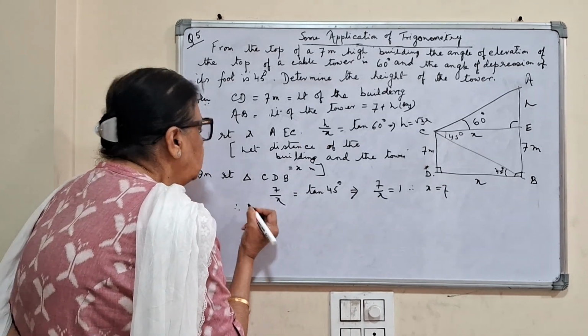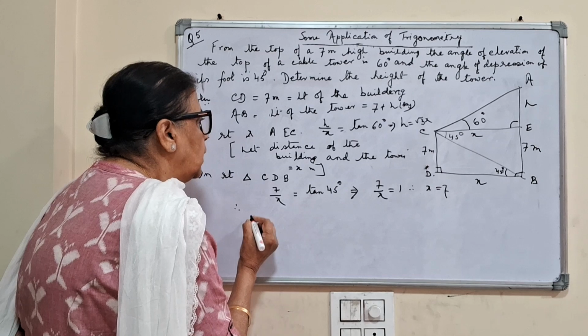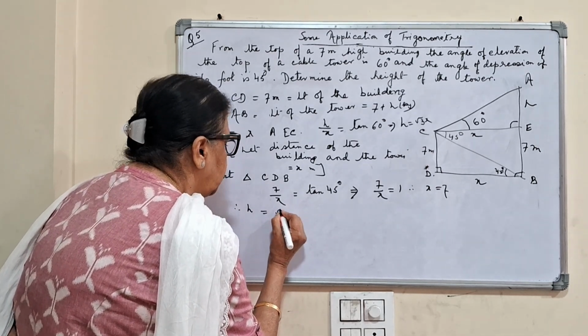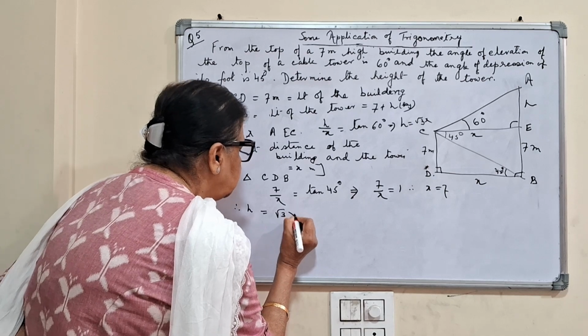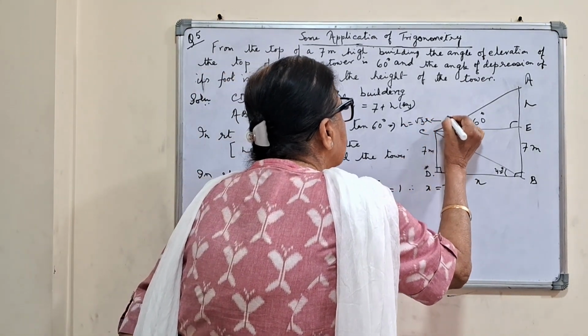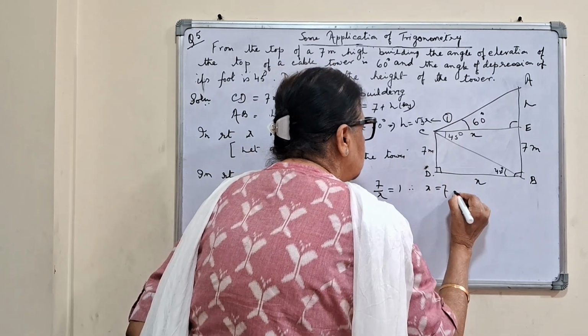Therefore h is equal to root 3 into 7, from 1 and 2.